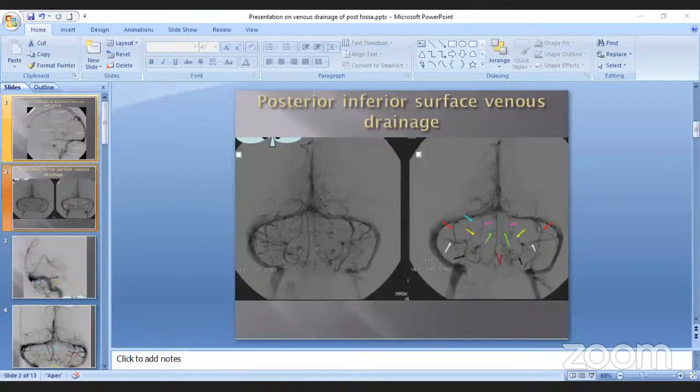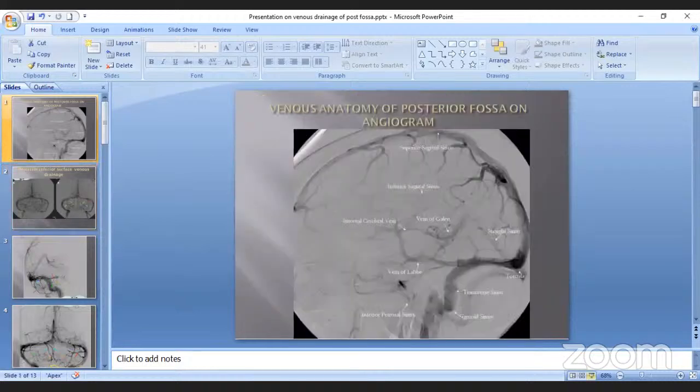Dr. Ali, can you use a pointer and go on full screen? I have done my full screen. It's not visible here on Zoom, I guess. There's some sound in the background as well. That's kind of disturbing.